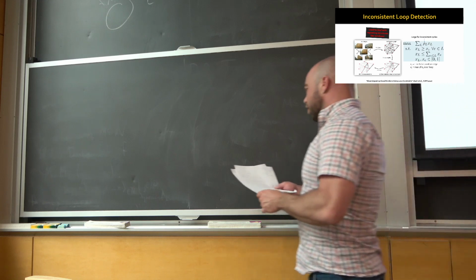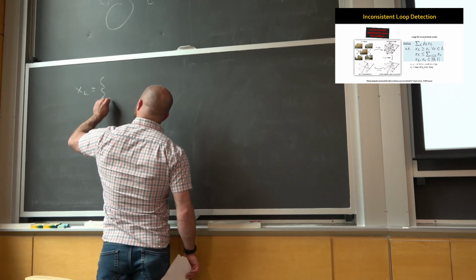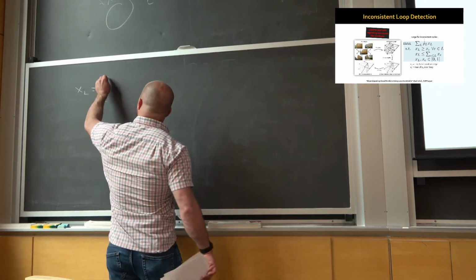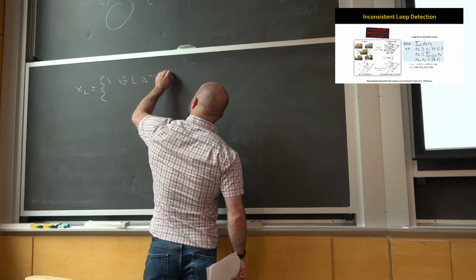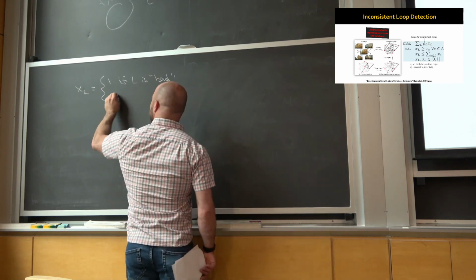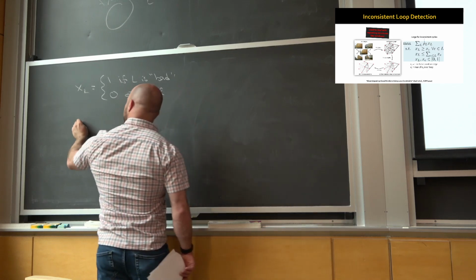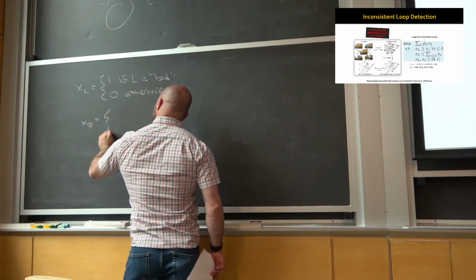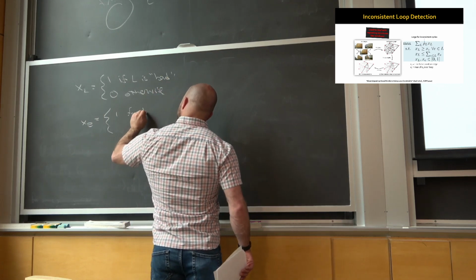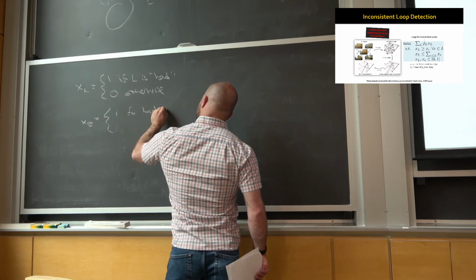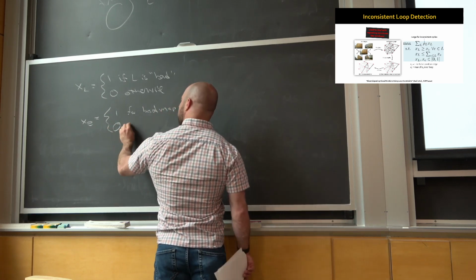For every single loop that they randomly draw, we're going to make an optimization variable, X_L, which is going to say 1 if L is a bad loop, meaning that it contains at least one bad map in it, and 0 otherwise. And similarly, for every map, every edge in my graph, I'm going to have X_E equal to 1 for a bad map on edge E, and 0 otherwise.